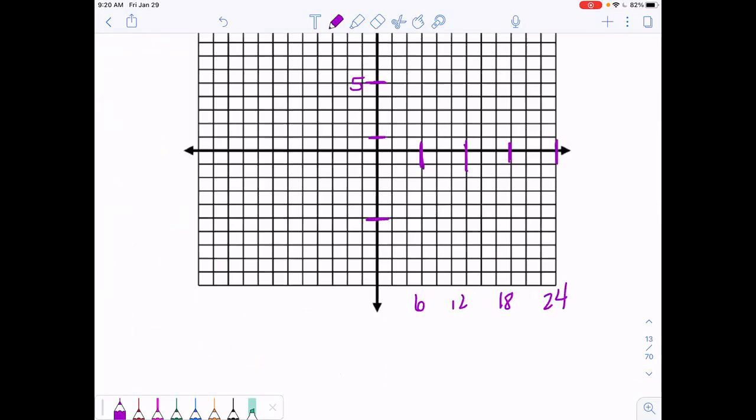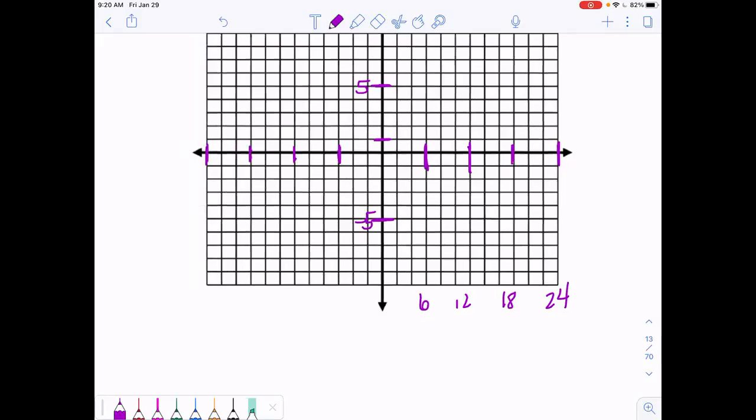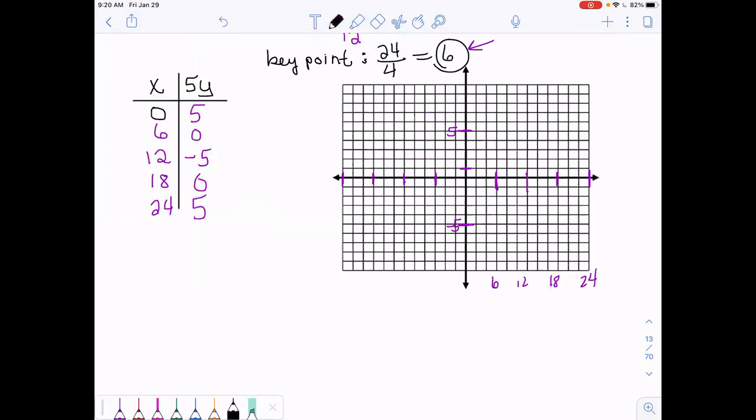So I'm actually just labeling the y-axis, counting each block representing 1. We usually don't do that, but because of that number 5 being so large, the A value being large, we will still see that vertical stretch. So it starts at 5.